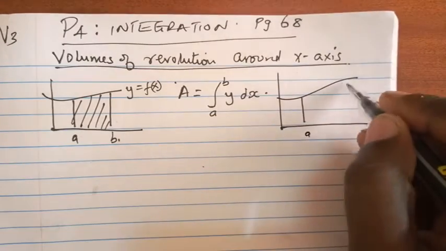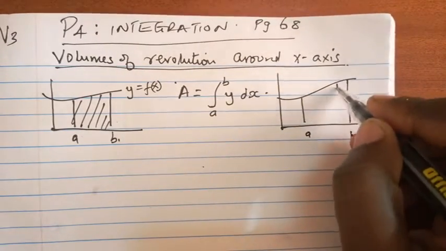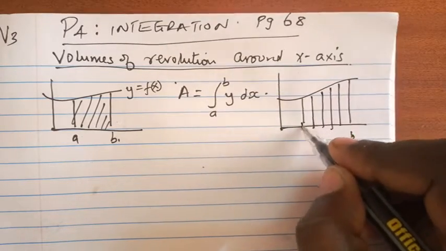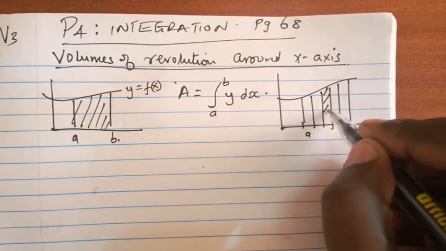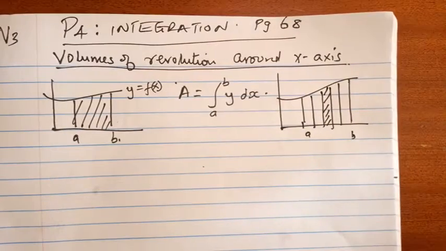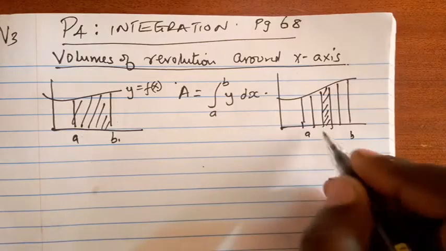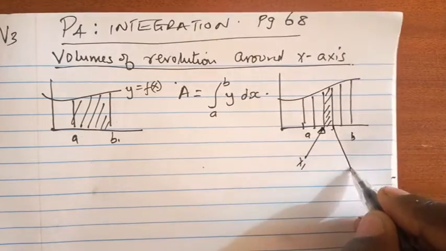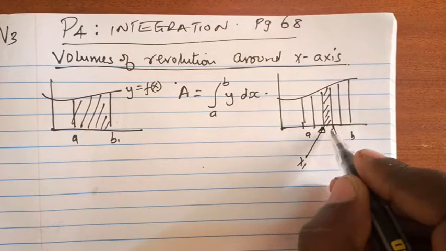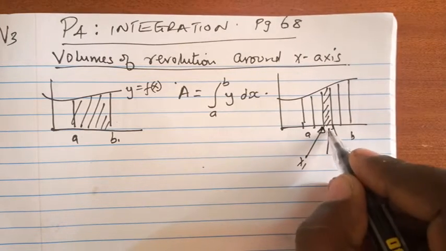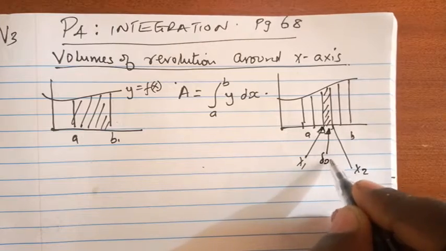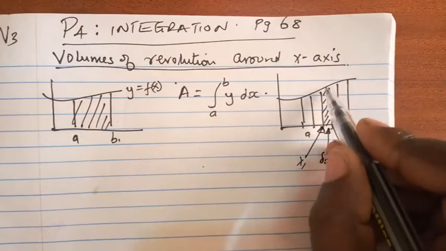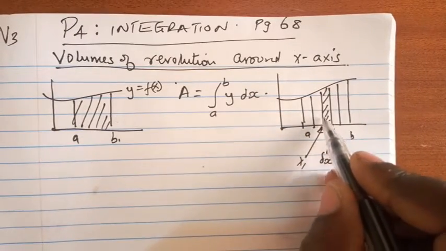That is A and this is B. If we create more stripes here, and we take one stripe there, if this is x1 and this is x2, in between them there is a small change in x, and that becomes the width of this shape that looks rectangular.